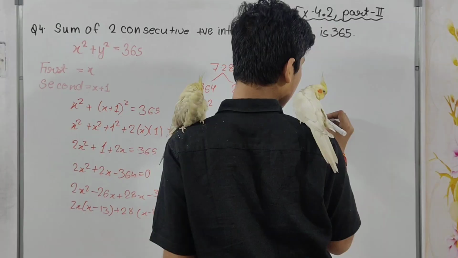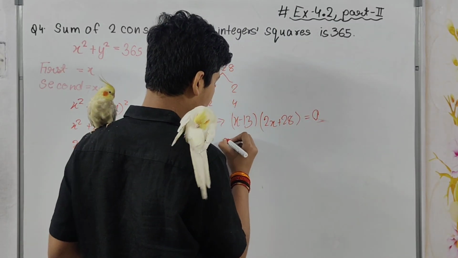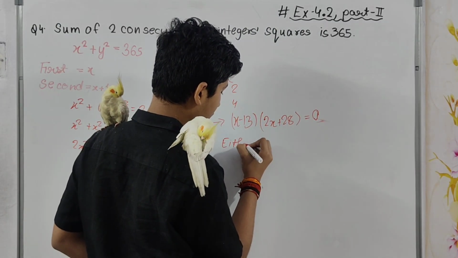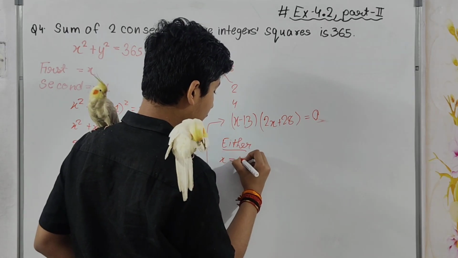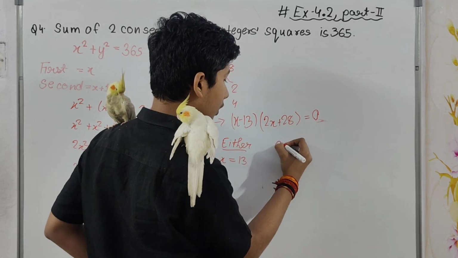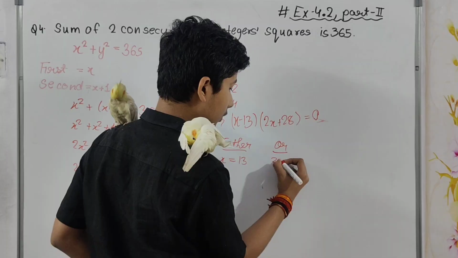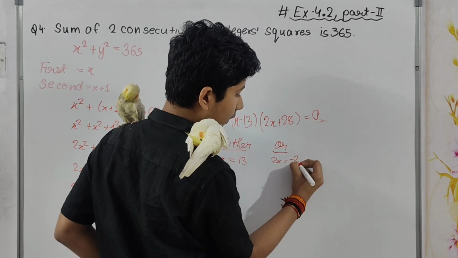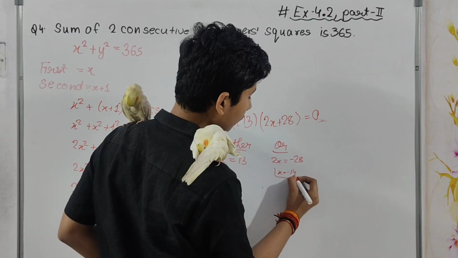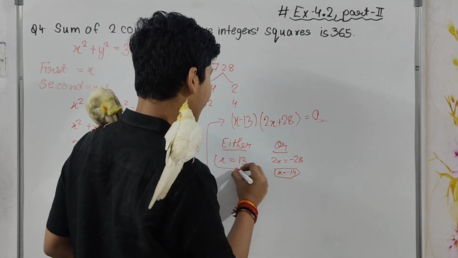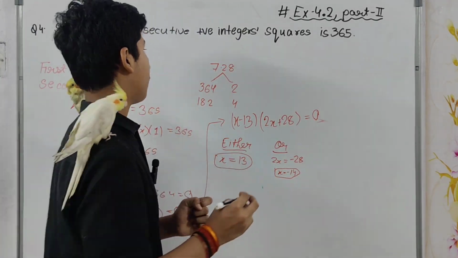So we can see that either x equals 13 or 2x equals minus 28, so x equals minus 14. So either x is 13 or x is minus 14.